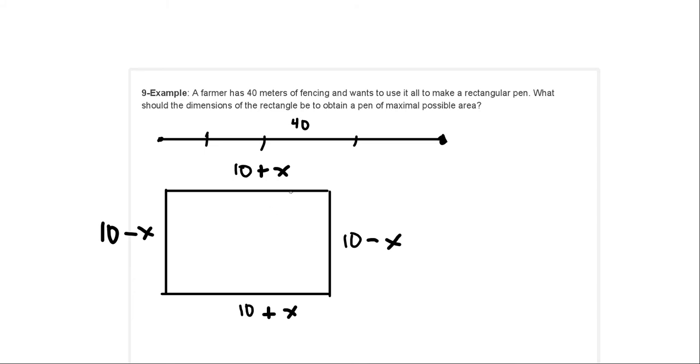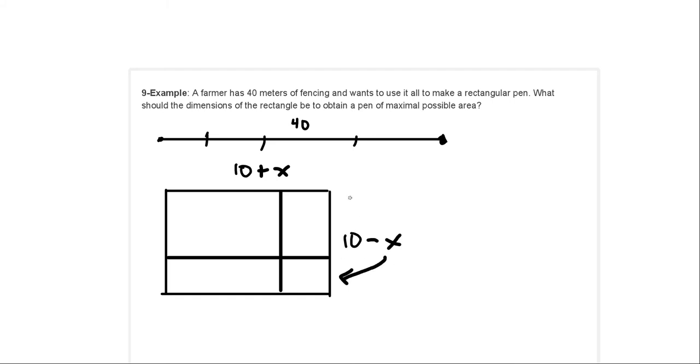Okay, what if we're considering the area? Well, I only need two sides to consider the area. I already have the base, I already have the height. So this is 10 plus x, this is 10 minus x. 10 by 10 is 100. x times 10 is 10x. Then positive x times negative x is minus x squared.